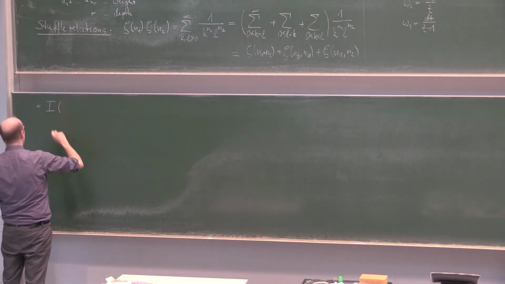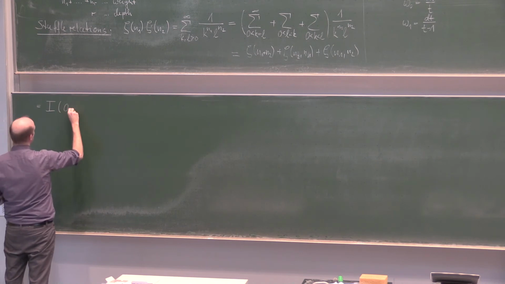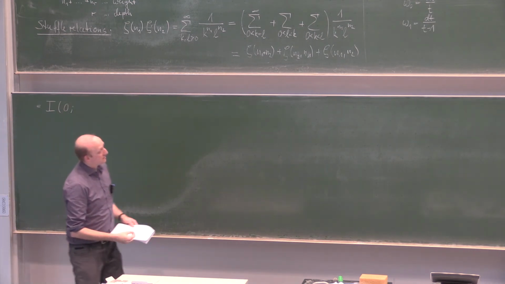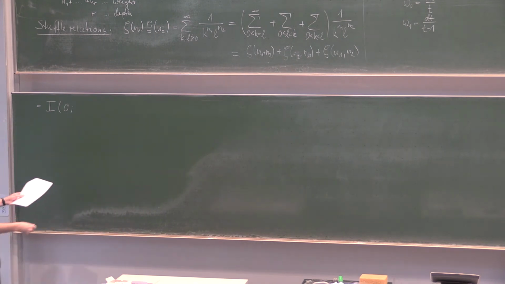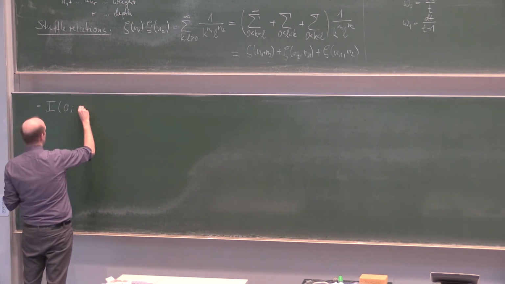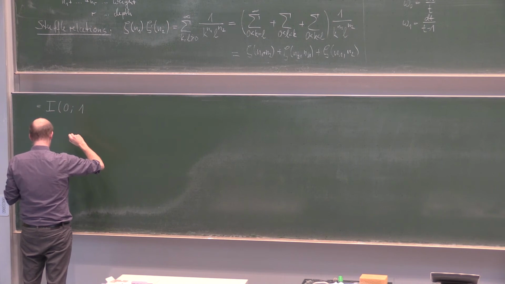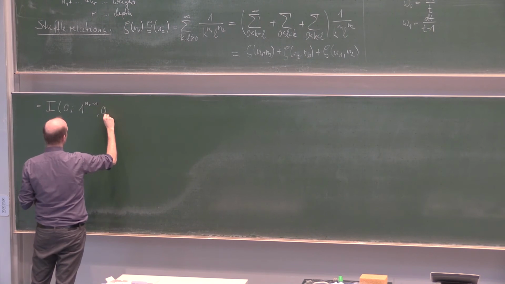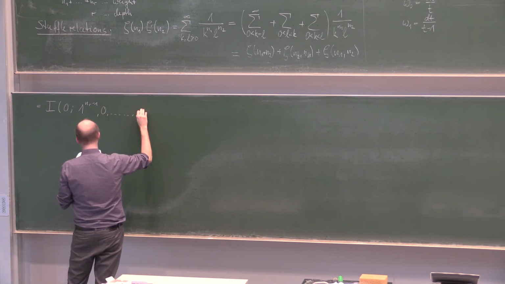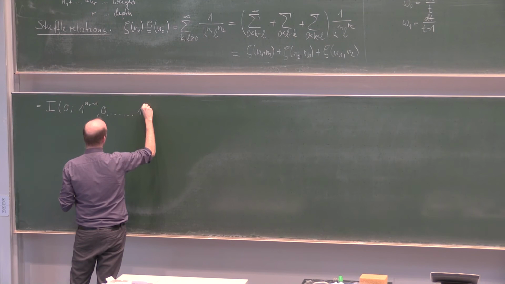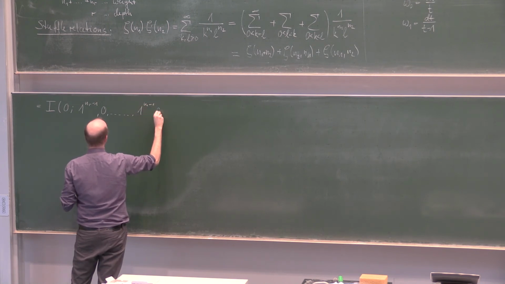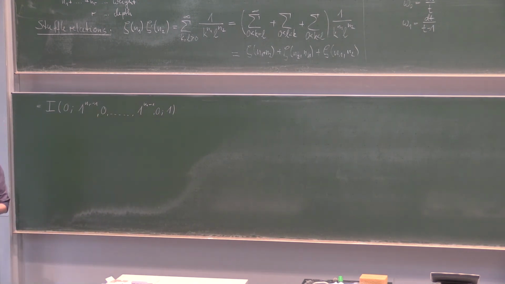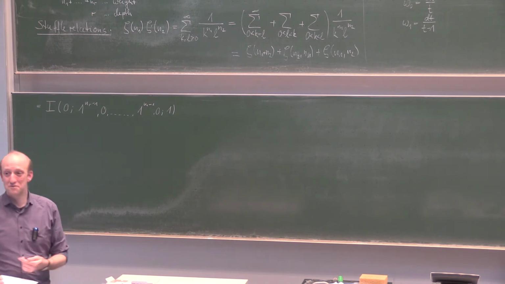You can derive that these integrals with the 0 and the 1 limits can also be written as 1 to the power nr minus 1, 0, then a couple of these blocks, 1 to the power n1 minus 1, and 0 and 1. That is, you can swap 0 to 1 minus 0, or x to 1 minus x.